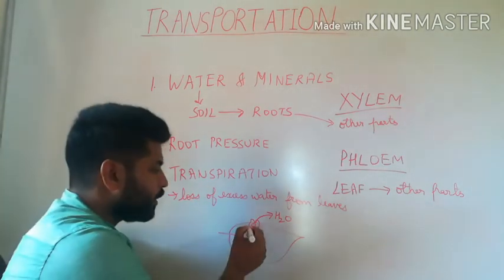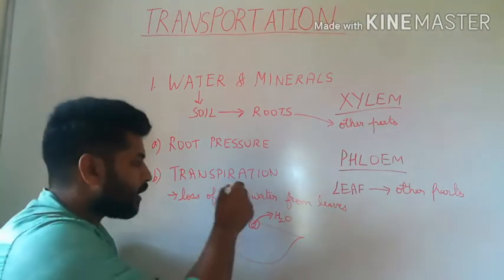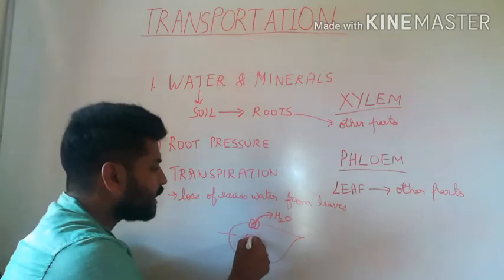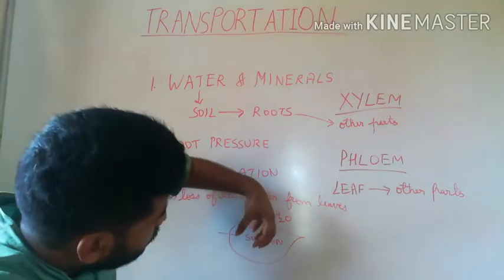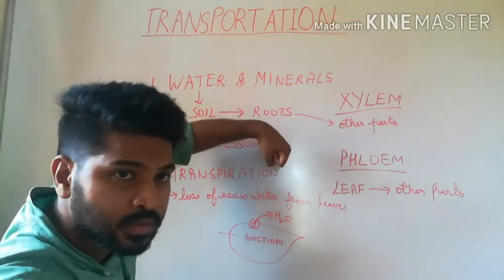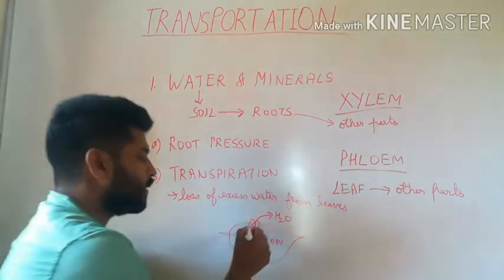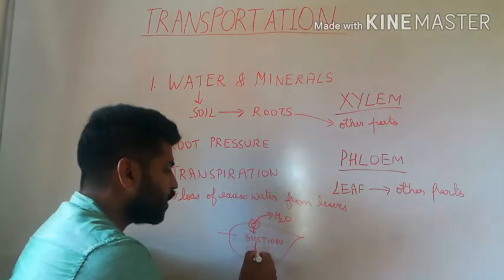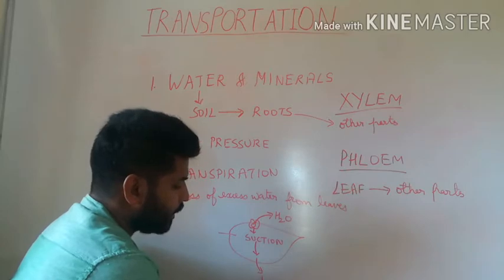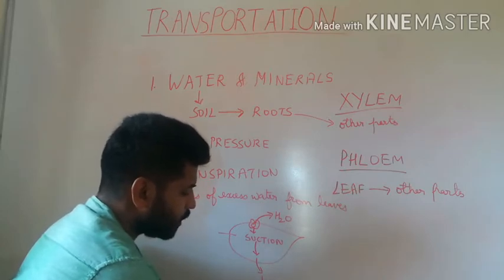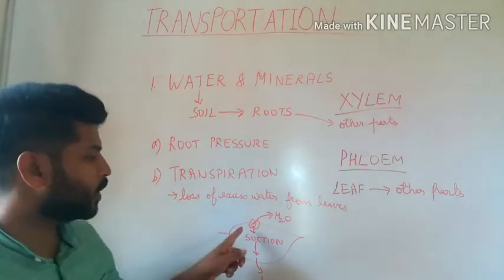Now, when this water is released out, transpiration creates what is called a suction. So, when water is lost, a suctional pull is created. This suctional pull will be carried throughout the vessels.